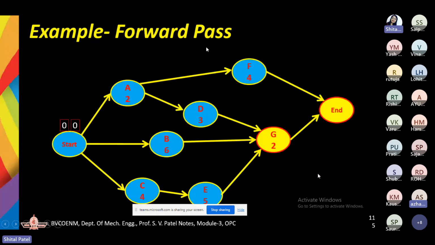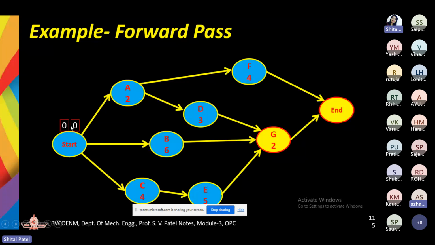Now, in the forward pass, the very first step is to construct the network diagram, right? Now, for the forward pass, we are going to mention the time. Each and every activity is going to have a start time and an end time.